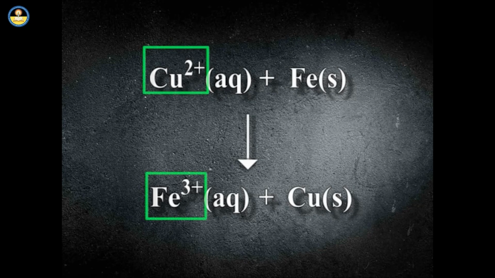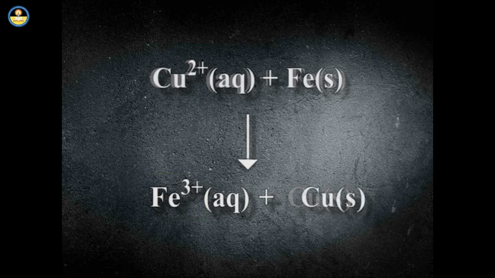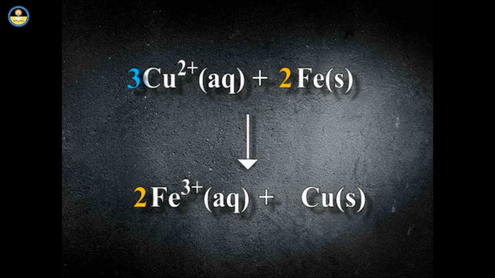To make charges equal on both sides, put 3 before Cu²⁺ ions in aqueous state and 2 before Fe³⁺ ions. But during the process, the number of atoms becomes unequal. To make them equal, put 2 before Fe in solid state and 3 before Cu in solid state.